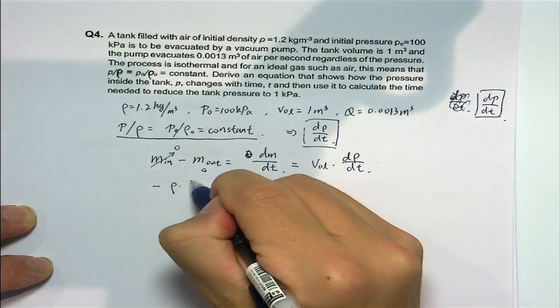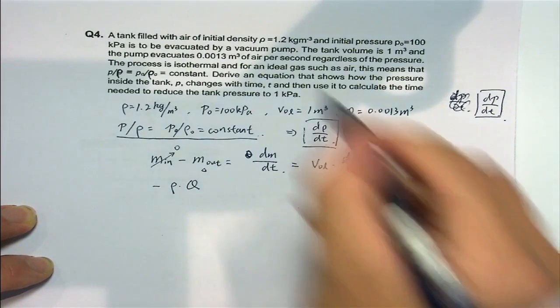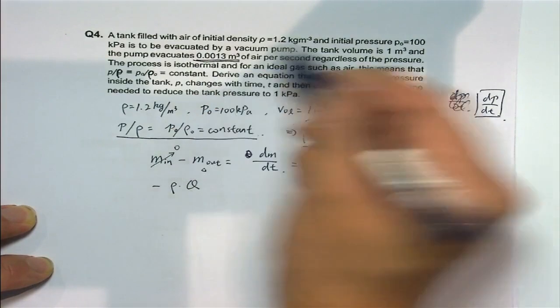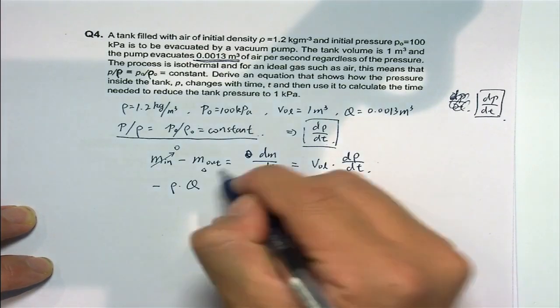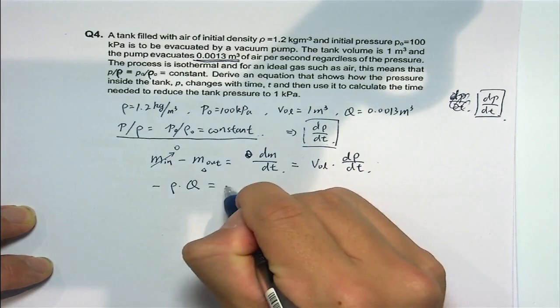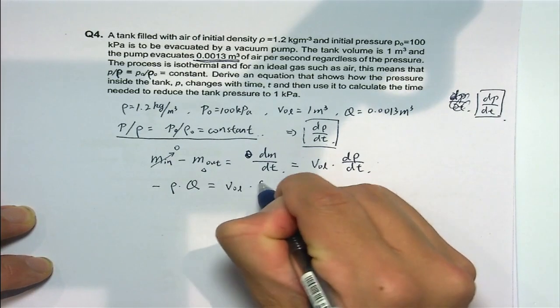Multiply Q. The Q is constant, right? The density multiply volume flow rate is mass flow rate. So that one is the air going out of the tank. So it is equal to the right term.